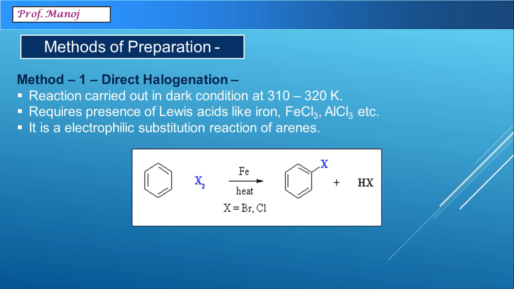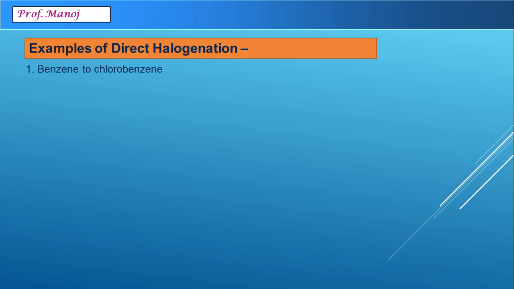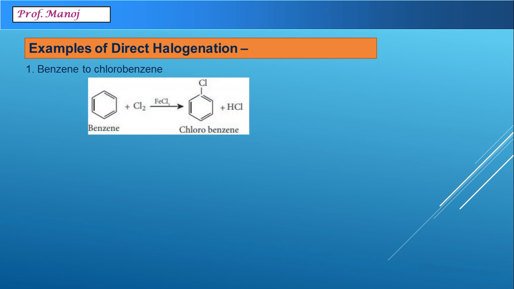This becomes somewhat a general reaction. Benzene is treated with halogen in presence of a catalyst like iron, and hydrogen from the benzene ring is replaced with the halogen. Let us see now proper examples of this direct halogenation. Suppose I want to convert benzene into chlorobenzene. So we will take a mixture of benzene and chlorine.